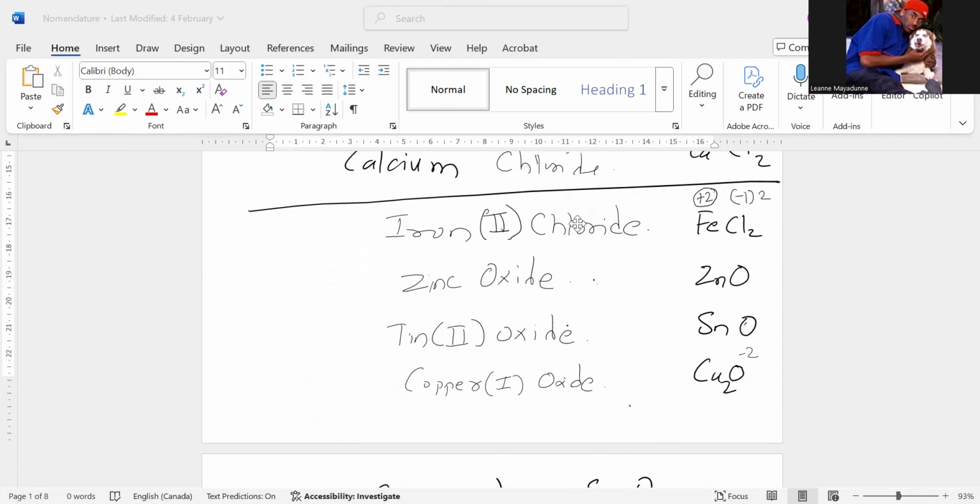Did I say negative for iron? Oh no, it's positive 2. You will balance the positive with the negative for the chlorine. For transition elements, most of the time you will have these Roman numerals indicating the charge.